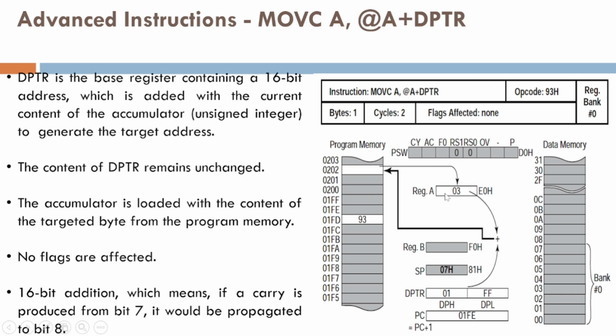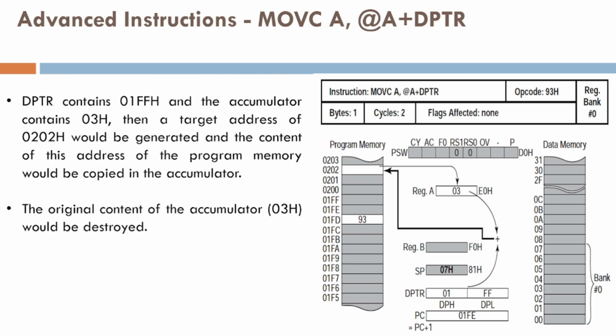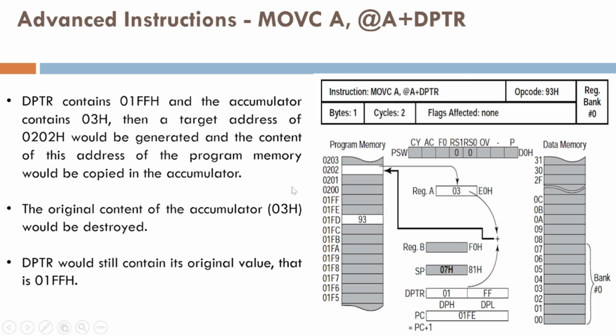Fine. Here you can see what I just said has been written here. That is the initial content of the accumulator. Again, I'm repeating the meaning of this particular instruction. Initially, the accumulator was having 03, and the 16-bit base register, here we are considering DPTR, is having 01FF.